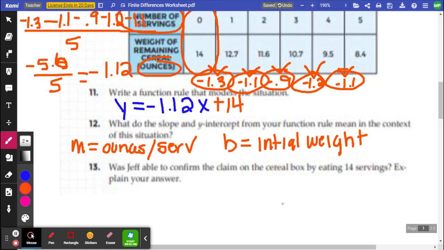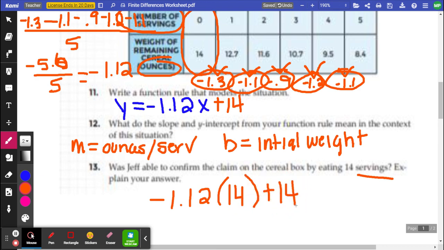Was Jeff able to confirm the claim on the cereal box by eating 14 servings? So was he able to squeeze out 14 servings out of this box? Servings is what value? X. So exactly. So you're going to do negative 1.12 times, instead of X, you're going to put in a 14, plus 14. And then you're going to solve.